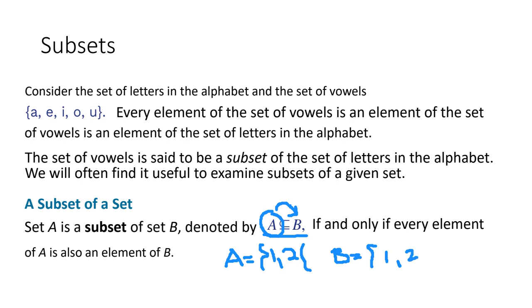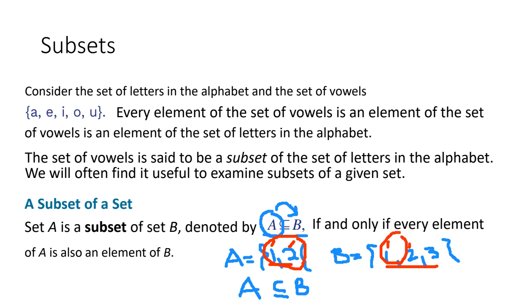And if I asked you, is A a subset of B, then all I'm asking is, are all the elements of A inside of B? So we have 1 and 2, and we have 1 and 2. So everything here is in here.